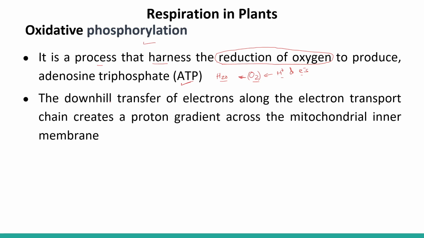So now what happens during oxidative phosphorylation? There is a downhill transfer of electrons. Downhill transfer means transfer of electrons from a molecule with lower reduction potential to a molecule with higher reduction potential.